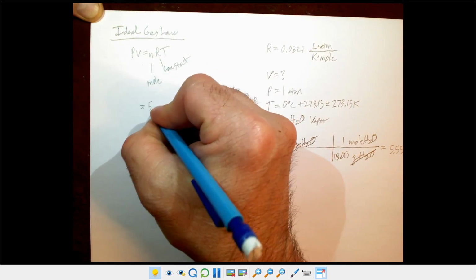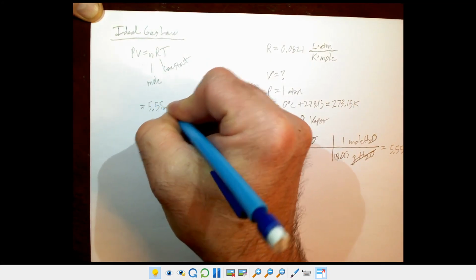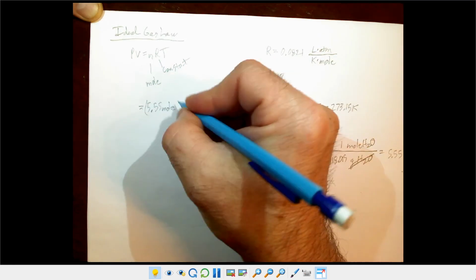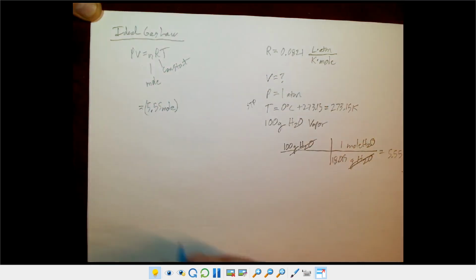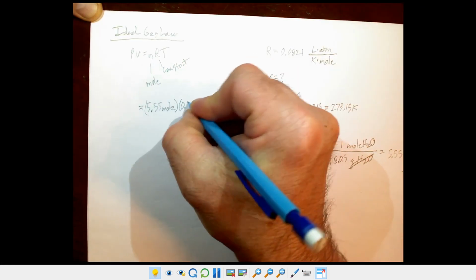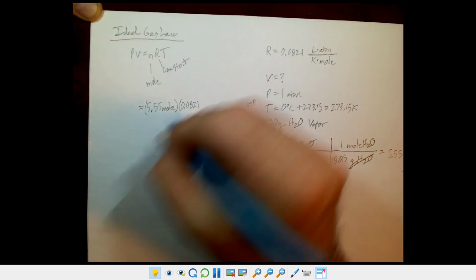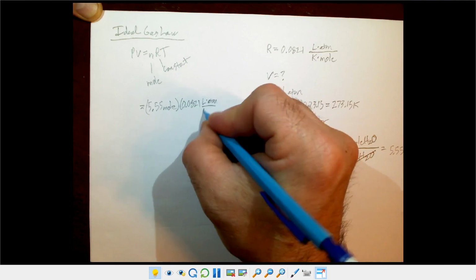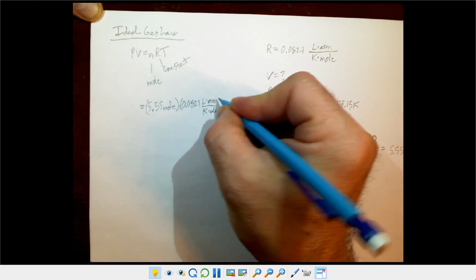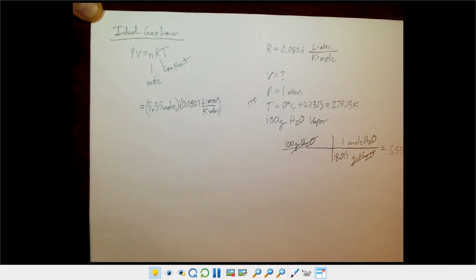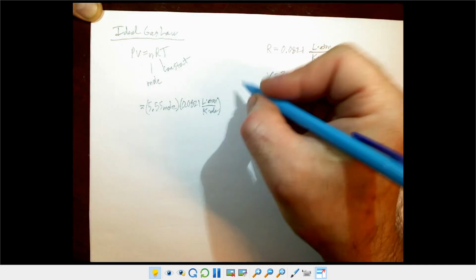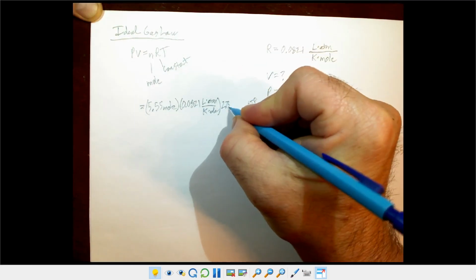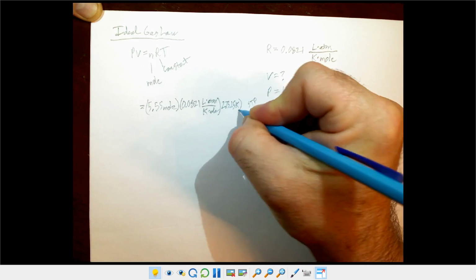So 5.55 moles, and then the R value is 0.0821 liters times atm divided by K times mole. And then the temperature is going to end up being 273.15 Kelvin.